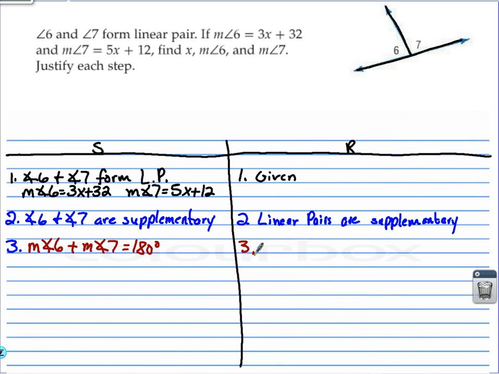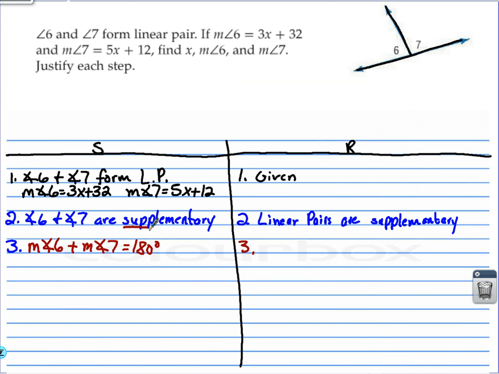I'll give you a second to think about the reason why. Why does angle 6 and angle 7 add up to 180? What's the reasoning behind that? How do I go from step 2 to step 3? In step 2, all I knew was that angle 6 and 7 are supplementary. In step 3, I now know that the measure of angle 6 plus the measure of angle 7 is 180. How did I go from there to there?